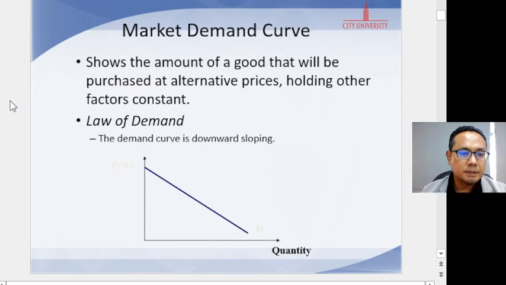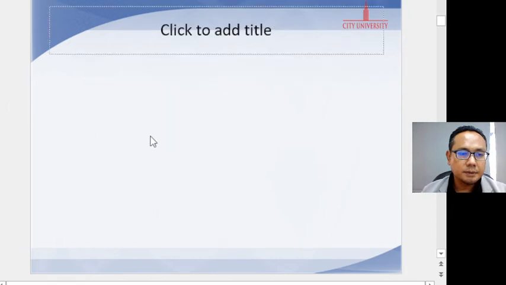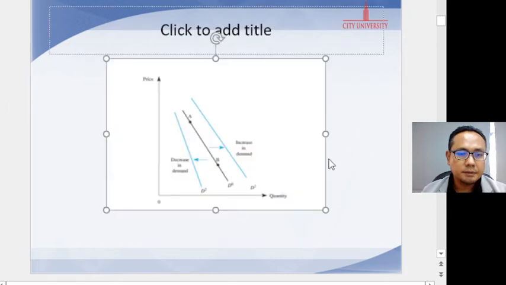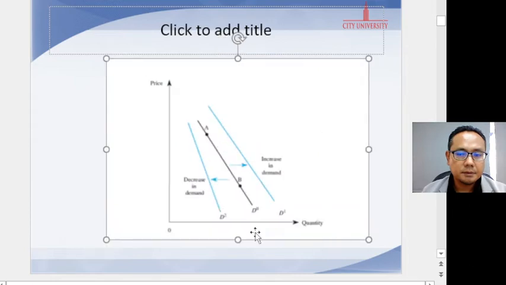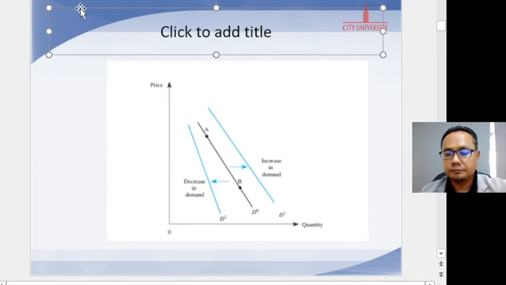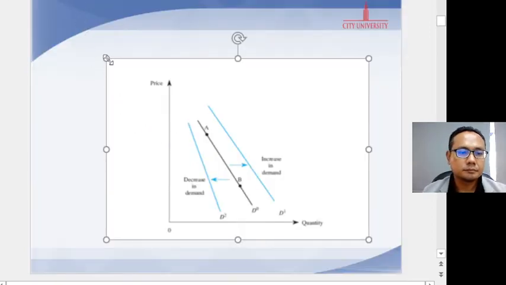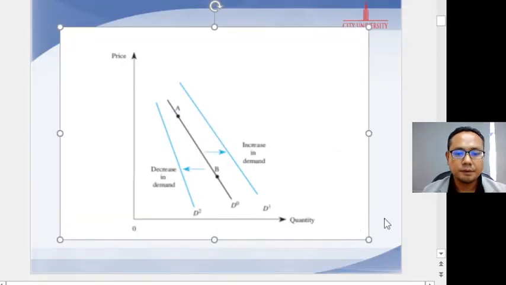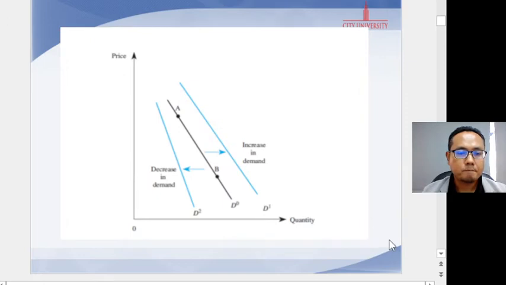Maybe we can see one example here. This is an example for a normal good.